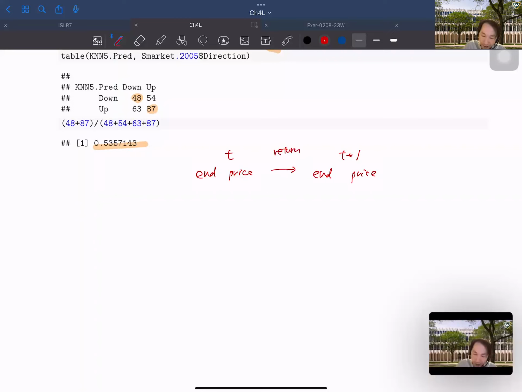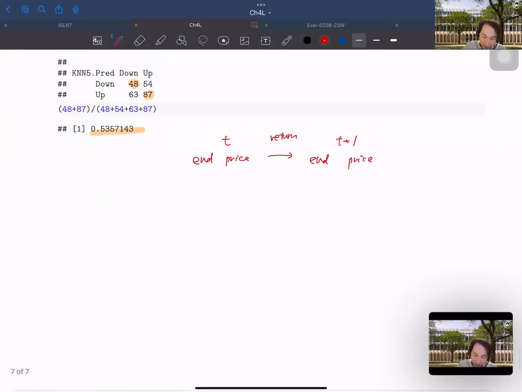But if you want to develop a website, probably you have to focus on the start price of stock someday. So the start price of day T plus 1 and the end price of day T plus 1, because after market close, some information already becomes available. So if you compare this return with your prediction, then it can be popular among investors.